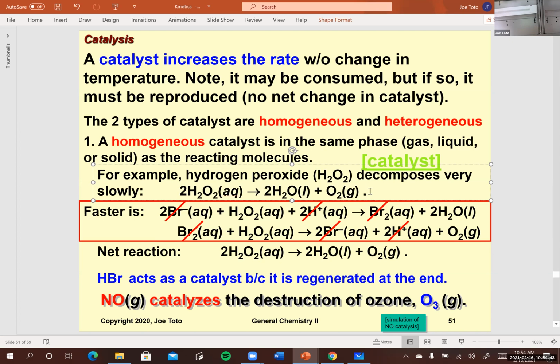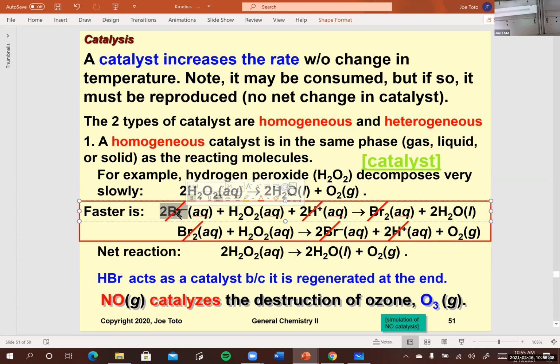If you've seen bottles of hydrogen peroxide in the pharmacy, they come in brown bottles because they're affected by light. Light speeds up this degradation reaction. Otherwise, it's fairly slow. I can add a catalyst, this bromide. It changes the mechanism as well as speeds up the reaction.